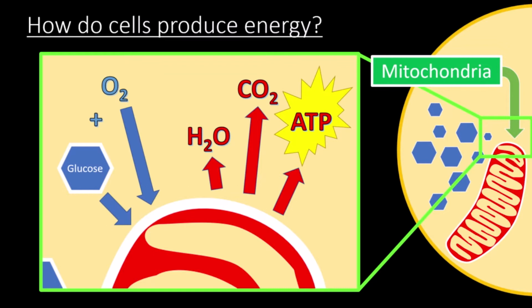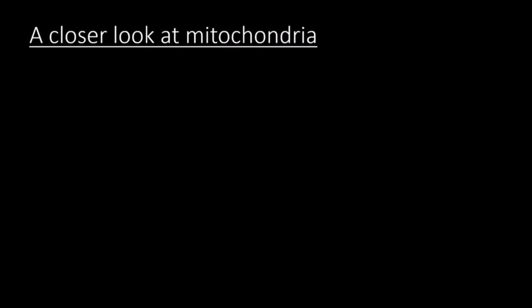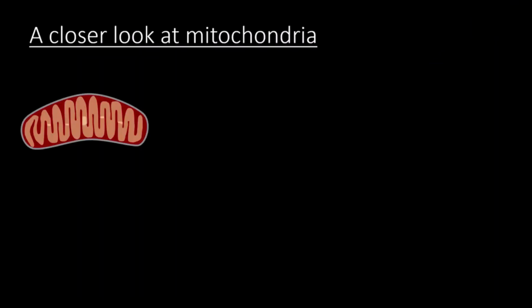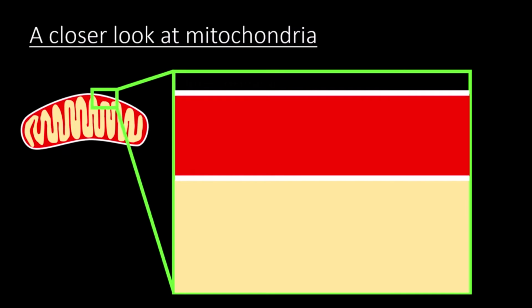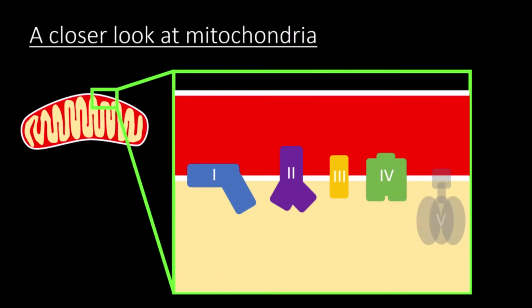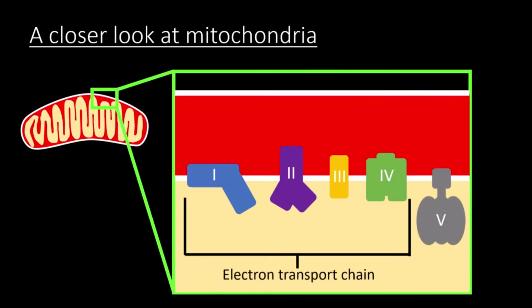Now I will get a little more in depth. The mitochondria has an inner and outer membrane, and within the inner membrane you will find 5 protein complexes. Complexes 1 through 4 are involved in a process called the electron transport chain, and you will see why it's called that in a moment.